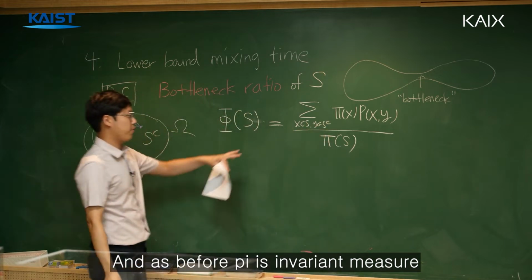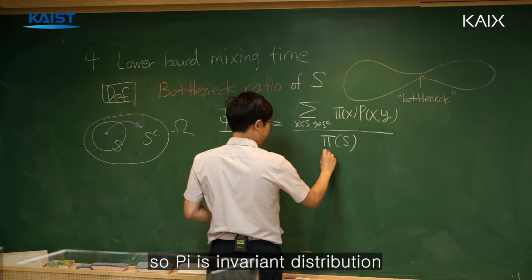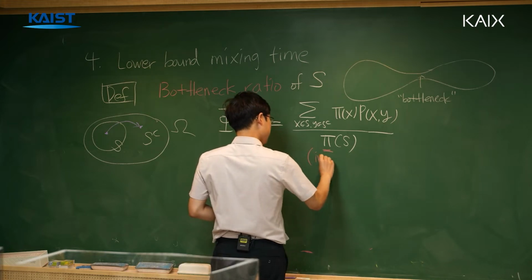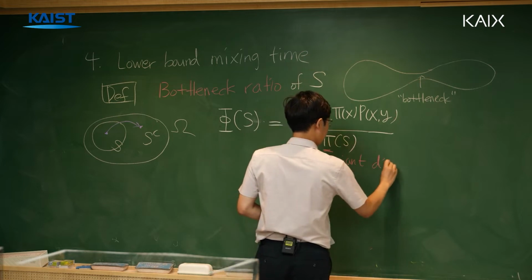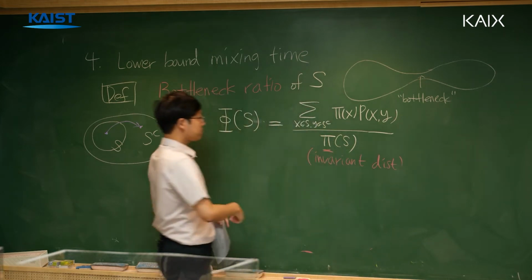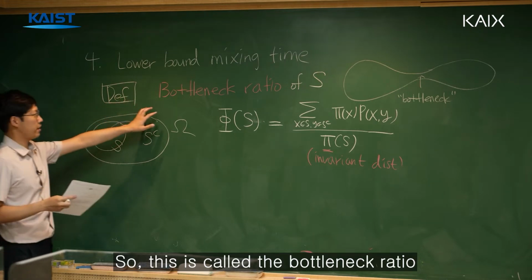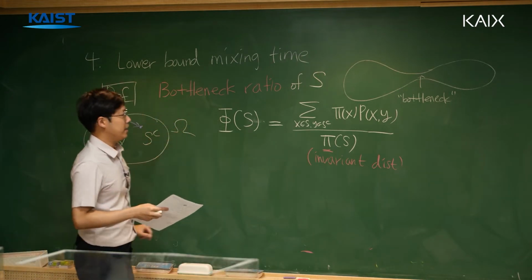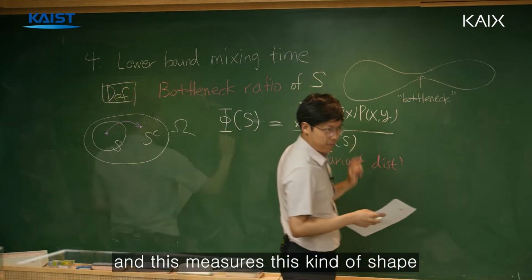And as before, pi is the invariant measure, so pi is the invariant distribution. This is called the bottleneck ratio of the set, and this measures this kind of shape.